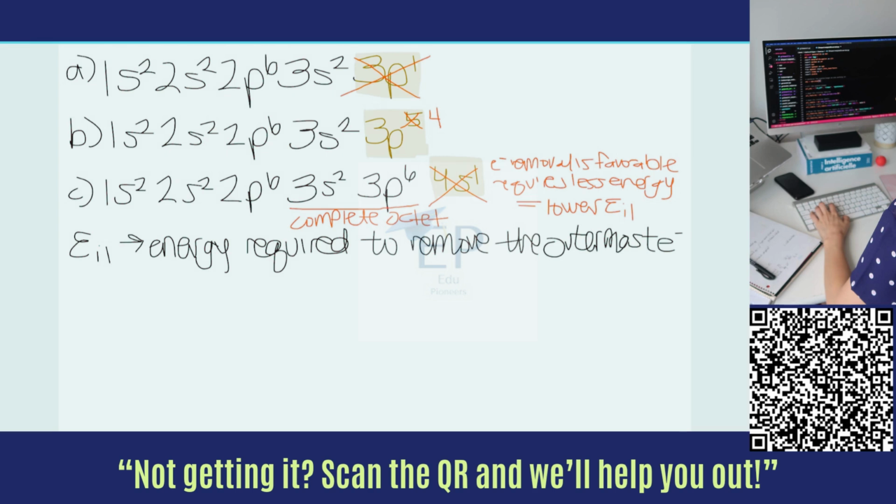So we can deduce that C is going to have the lowest ionization energy.